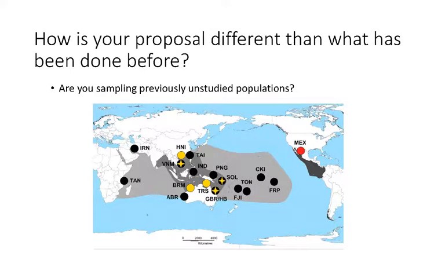So say this is a sampling map, and say all of the dots in black were sites that had been sampled before. They'd already done molecular work there. Maybe in your proposal, you are focusing on these new sites in the colored dots. So that is an example of how your proposed work is different than what's been done before. You're contributing knowledge about these new sites that haven't been investigated yet.